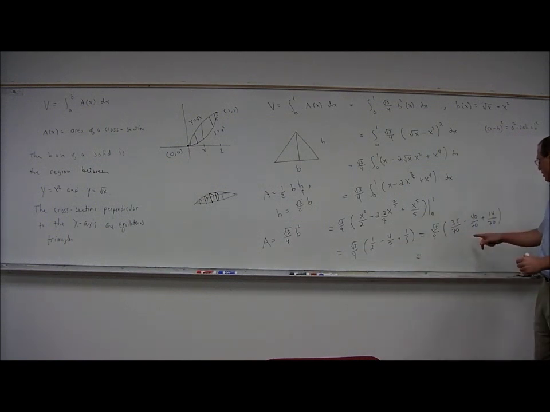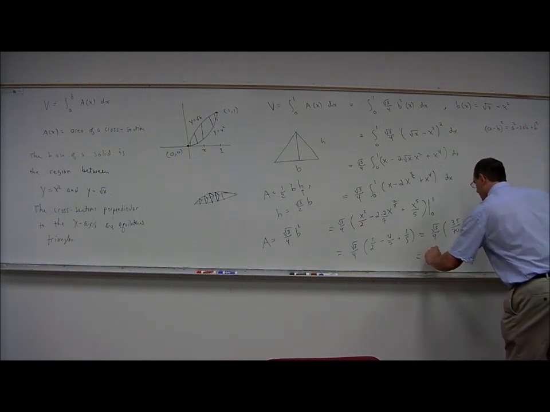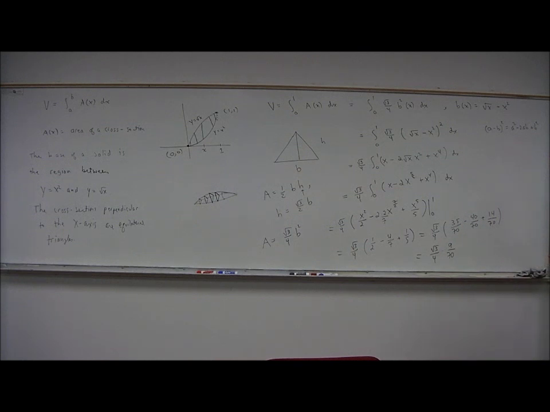So let's see here. 35 and 14 are 49, minus 40 are 9 70ths. So we have the square root of 3 over 4 times 9 over 70. And there's no simplifying at all. The answer is simply 9 times the square root of 3 over 280.